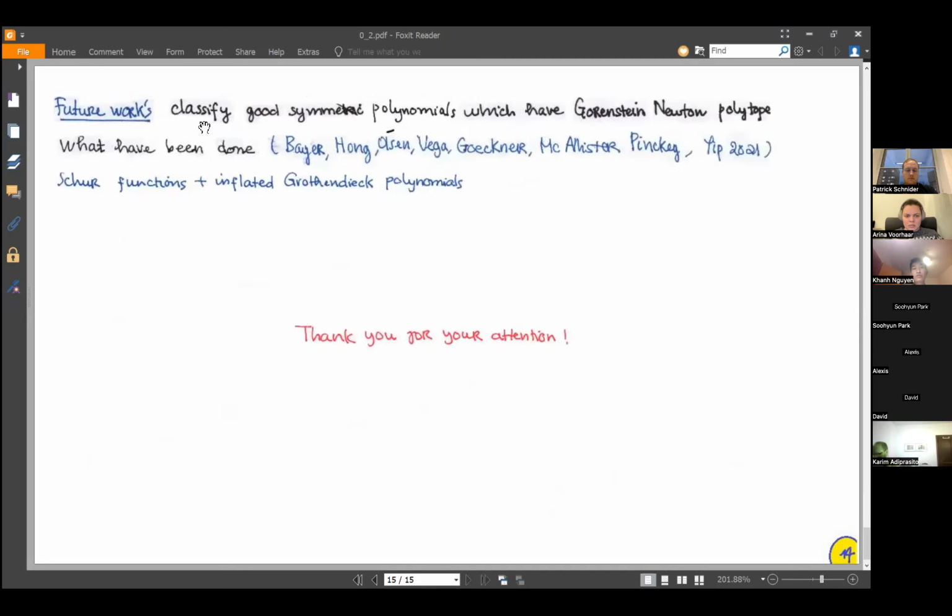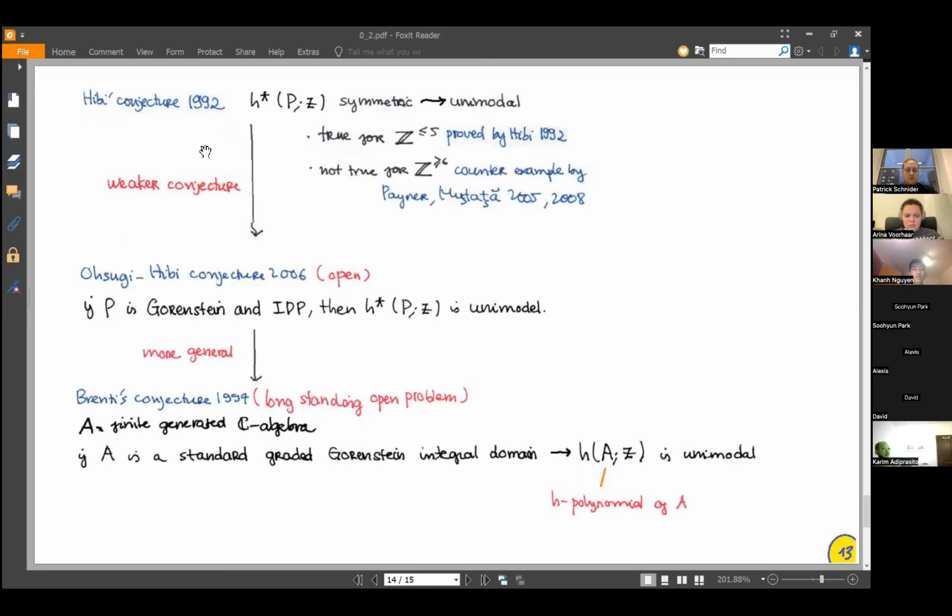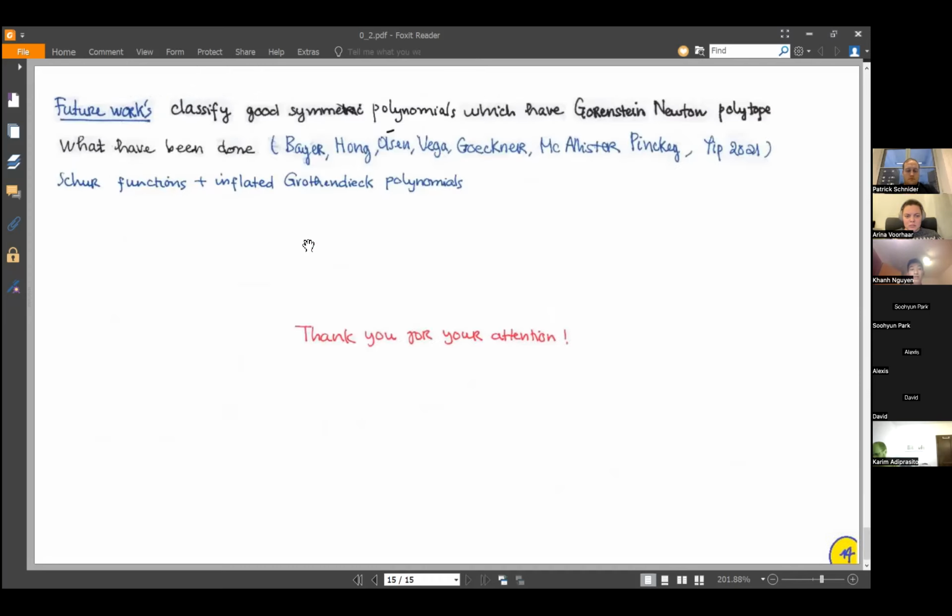And so for the future work, it is also related to the Ohsugi-Hibi conjecture. We already know that good symmetric functions have IDP, and so the future work is to find the set of all good symmetric polynomials that have Gorenstein Newton polytope.